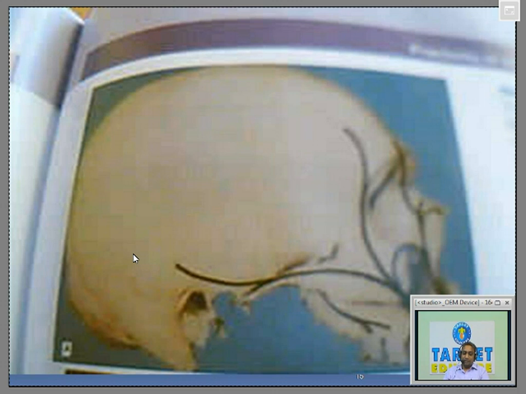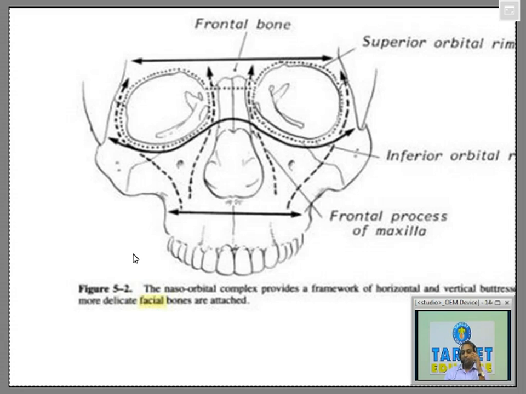The third pillar is the pterygoid pillar, which runs from the pterygoid hamulus region and runs on the pterygoid plates. This is the third pillar, but it is very difficult to access this area, so we don't put plates here. So mostly the plates are put on the zygomatic pillar and your anterior pillar. So these are the three vertical pillars which support the middle 1/3 of the facial skeleton.